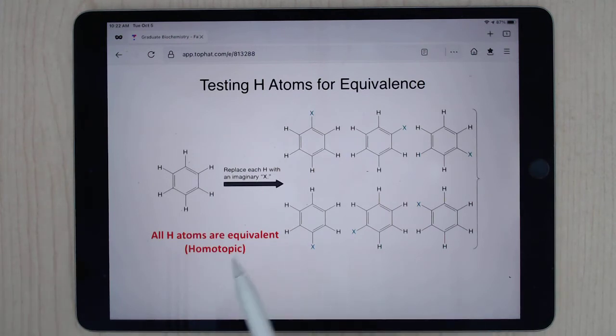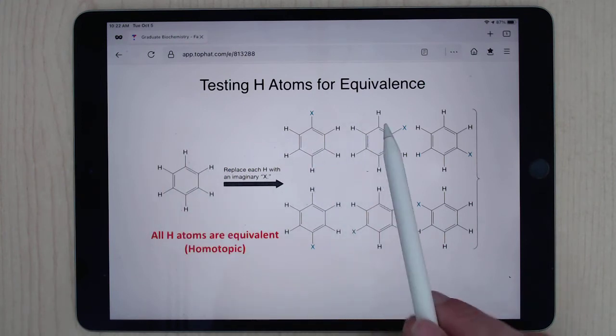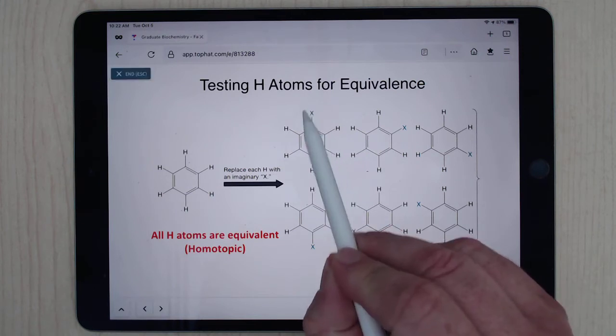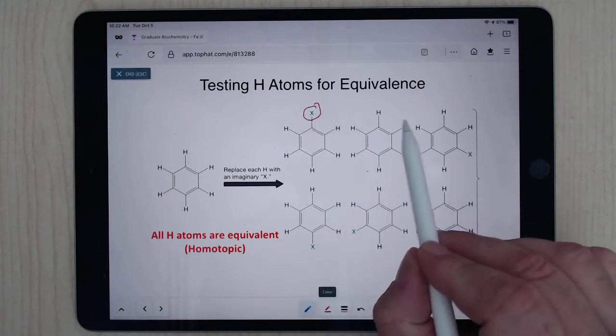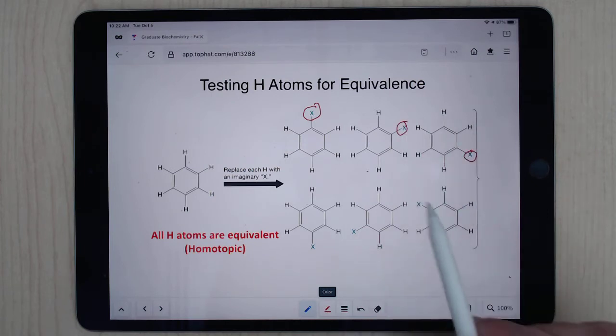So the easiest one to think about is if you have something like benzene here. We're going to replace one of these hydrogens with an X, and so you can sort of see this as we're going around, right? X, X, X, that.